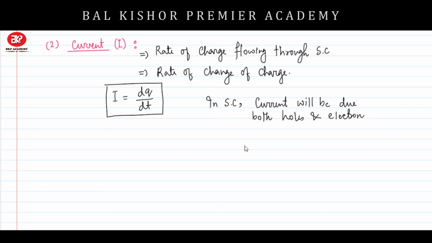So we can say that in a semiconductor the current I is a bipolar current, because the current is due to both electrons, negative charge, and holes, positive charge. That's why the current inside the semiconductor is called the bipolar current. So this is all about the preliminary topics part 2.